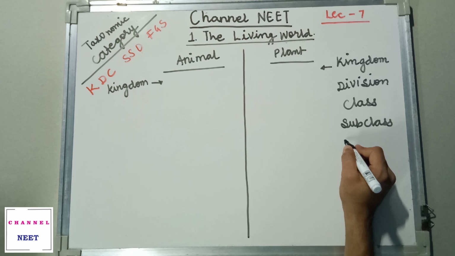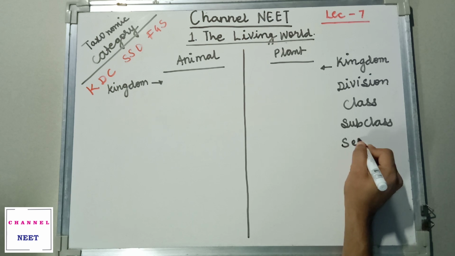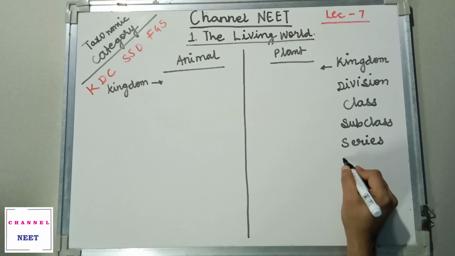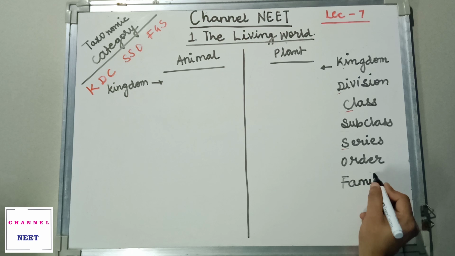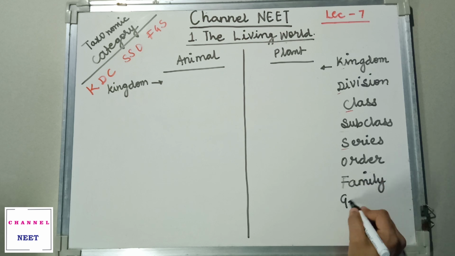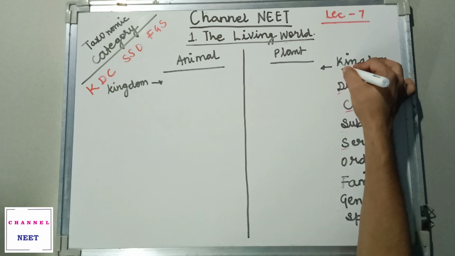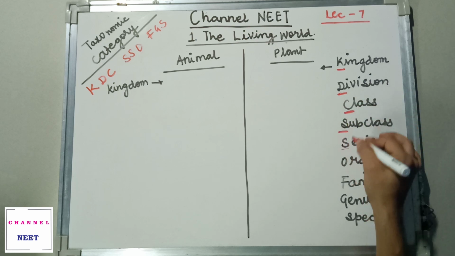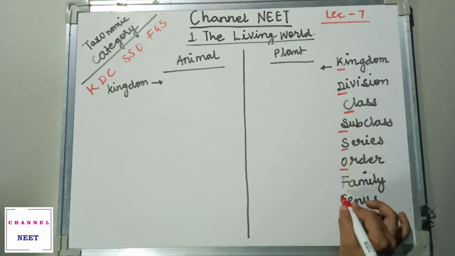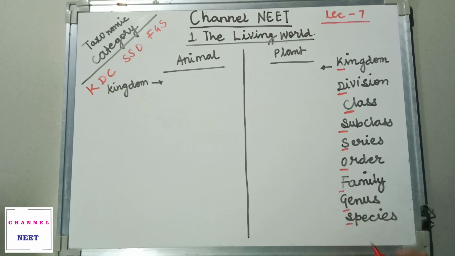Now you have subclass, series, order, family, genus, and species. If you can relate that with kingdom, D, K, D, C, S, S, O, and F, G, S, it becomes easy for you to remember.